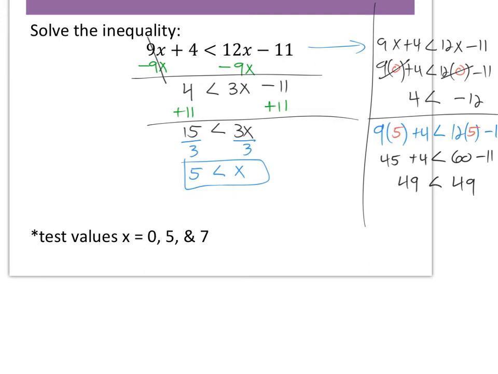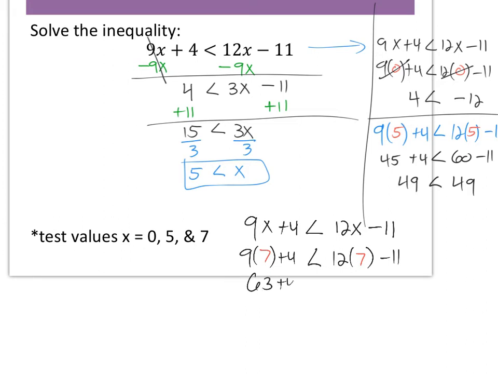And now we're not going to do this every single time, but I just want to prove a point here. So 9x plus 4 is less than 12x minus 11. Well, if x is 7, so that's going to be 9 times 7 plus 4 is less than 12 times 7 minus 11. 63 plus 4 is less than 84 minus 11.